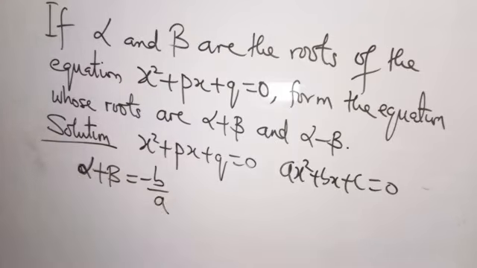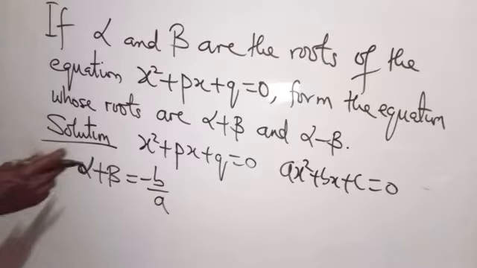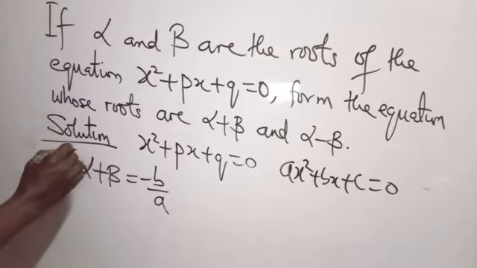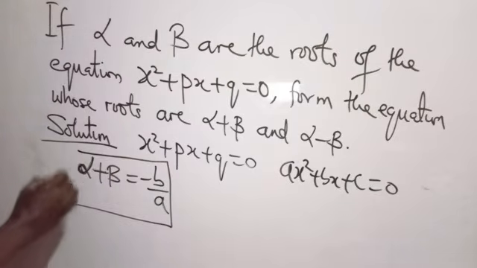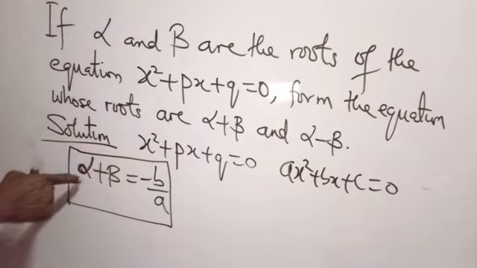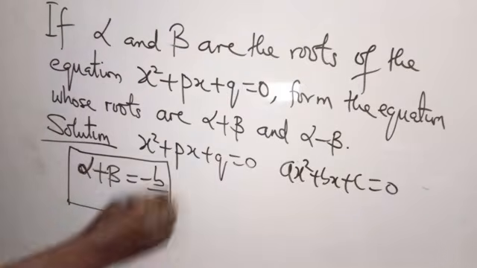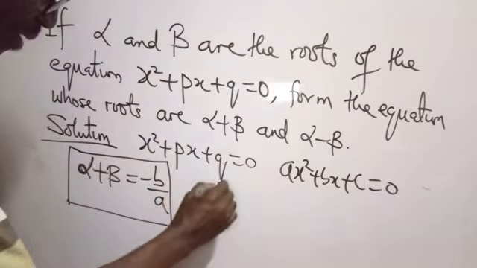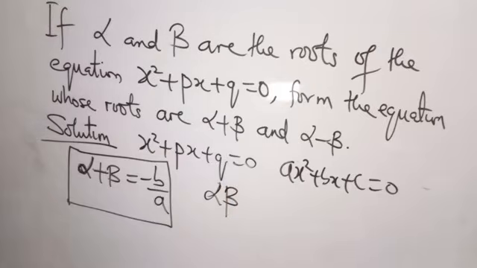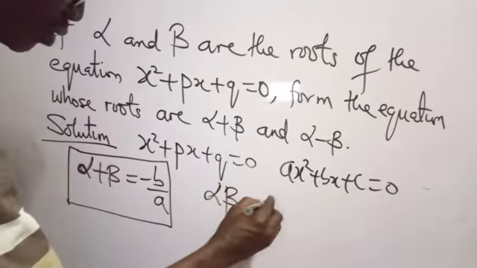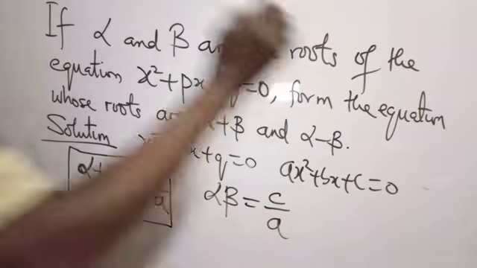This is the standard formula for the sum of the roots. The sum of the roots, alpha and beta, when you sum them together, gives you this. Now, the product of the roots, alpha beta, that is when you are multiplying the roots, is c all over a.